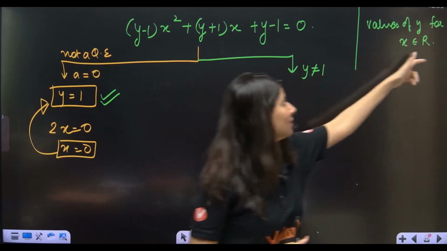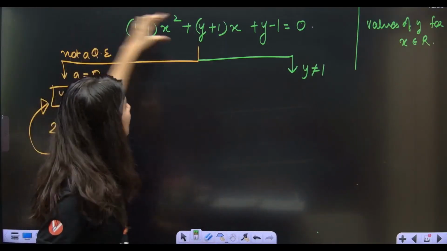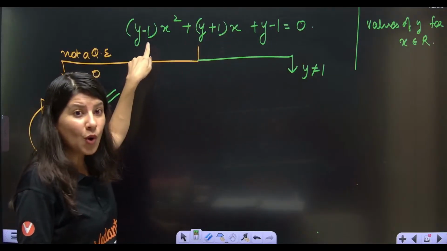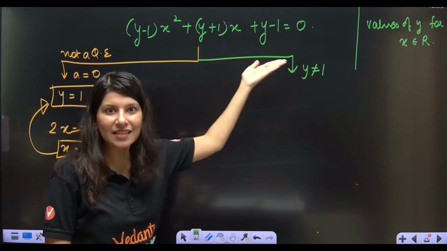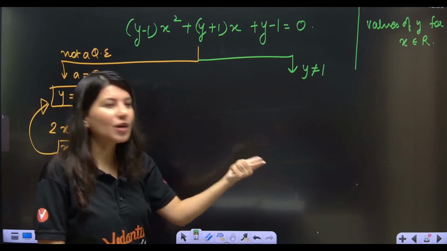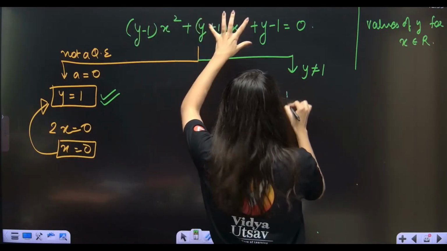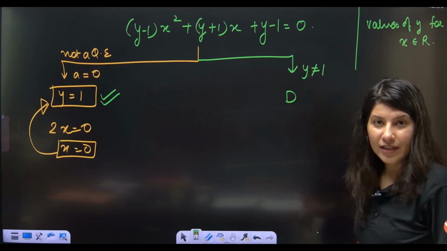You want your x to be real in this equation. You want your roots to be real. It is a quadratic in x, so x should be real. X should be real means what? Discriminant. If your quadratic equation is given to you, the roots are real.